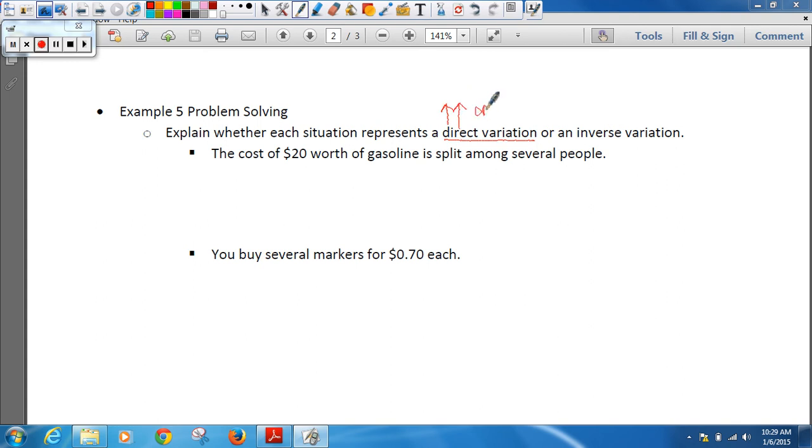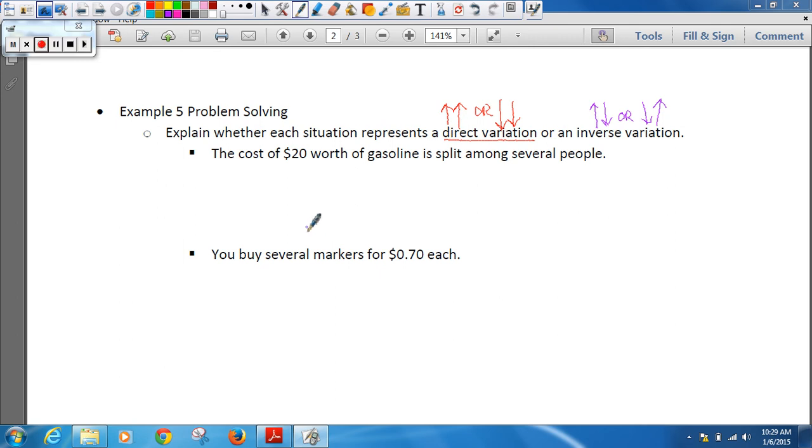Or you could have this scenario as one goes down, the other also goes down. An inverse variation, though, they move in opposite directions. So if one goes up, the other goes down, or if one goes down, the other one goes up. So inverse means they move in opposite directions. Direct means they move in the same direction.